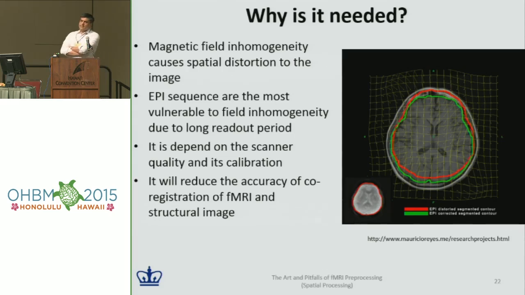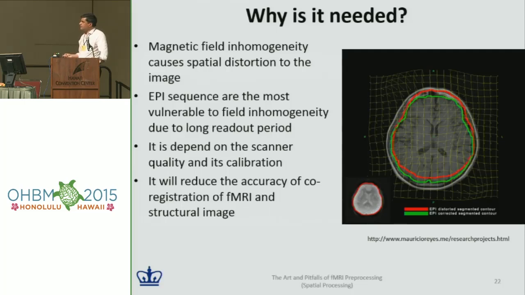This is the effect of magnetic field inhomogeneity. Why does magnetic field inhomogeneity generate spatial distortion? As most of you would know, the spatial information is encoded in the phase of the data, right? The distortion in the magnetic field is going to change the frequency of the MR signal, and that will be translated back to the location of the voxels.